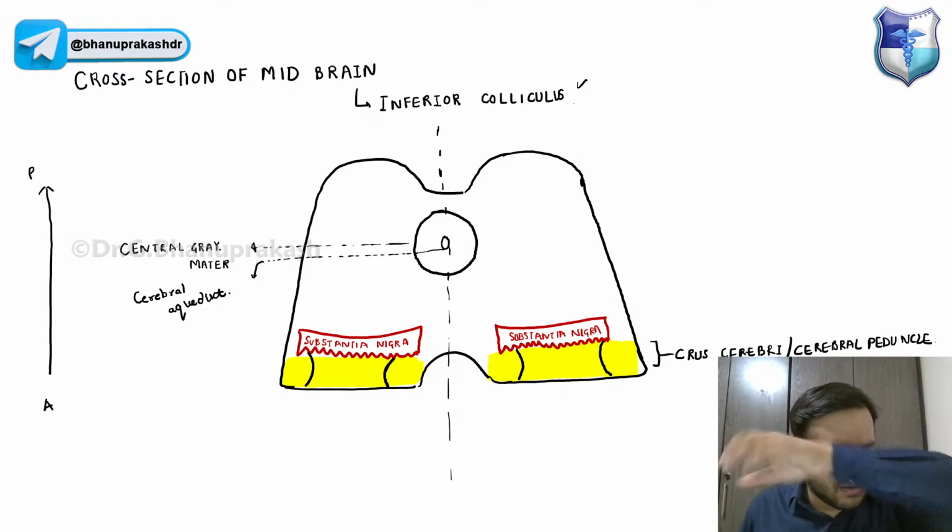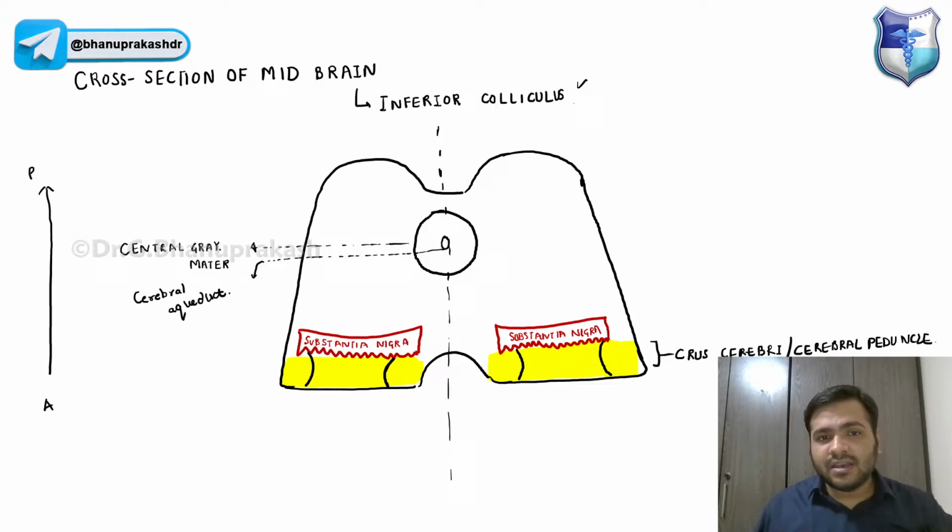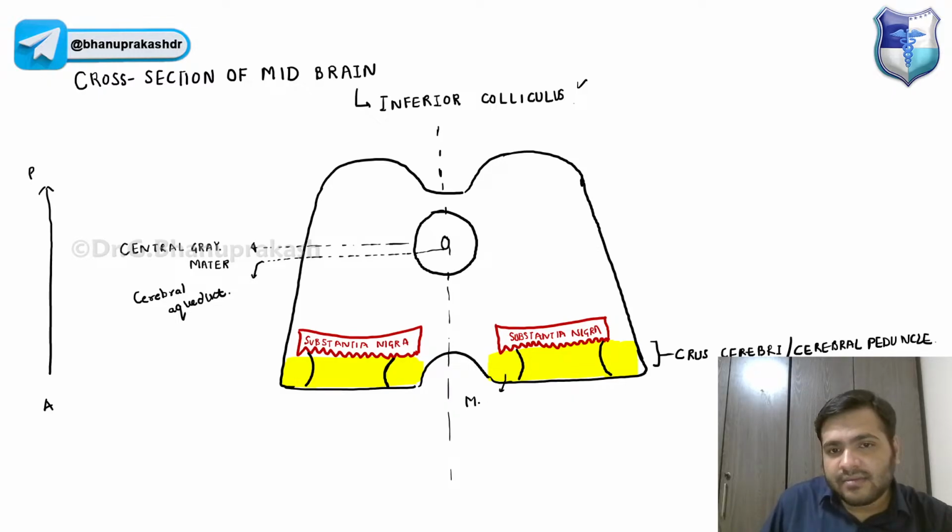Now I am dividing it: the one which is closer to the midline, I'm taking this area as medial 1/6, and this area as lateral 1/6. Both sides it will be lateral 1/6, and in between is the middle area.